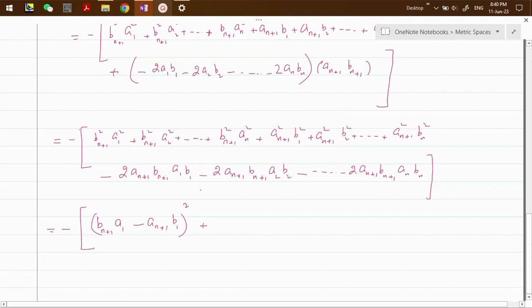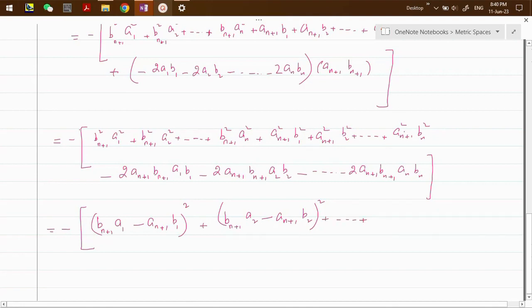When we combine them, we have bn plus 1 into a2 minus an plus 1 into b2 whole square, and so on.